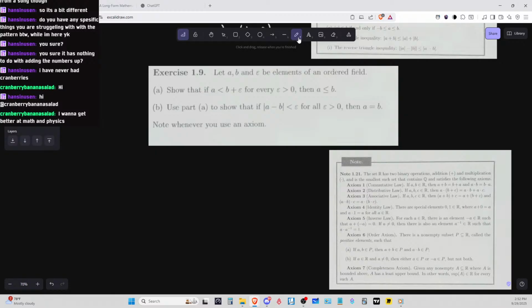am. So show that if A is less than B plus epsilon for every epsilon greater than 0, then A is less than or equal to B. Okay.